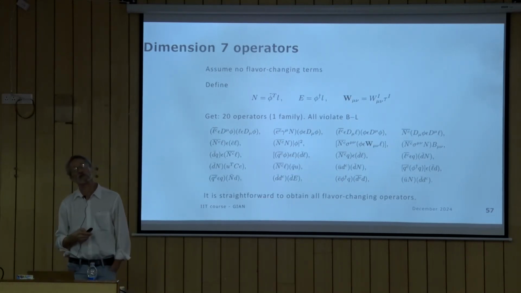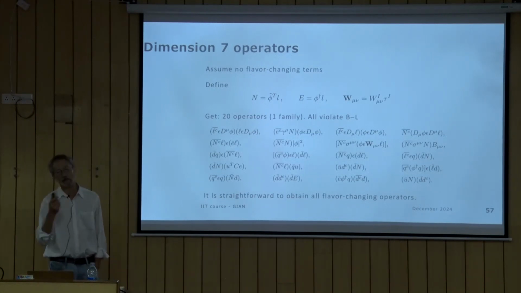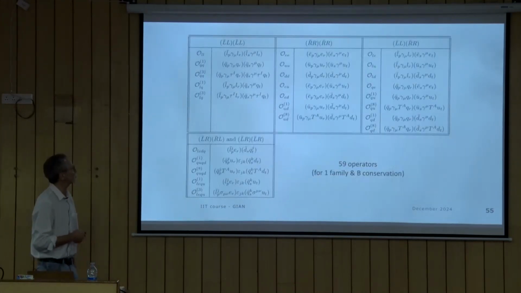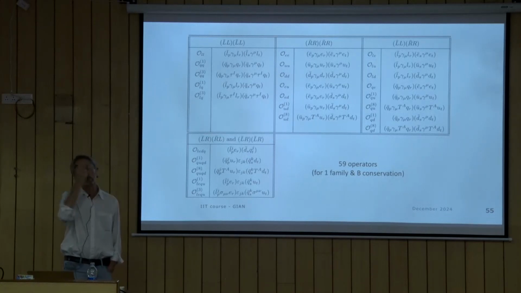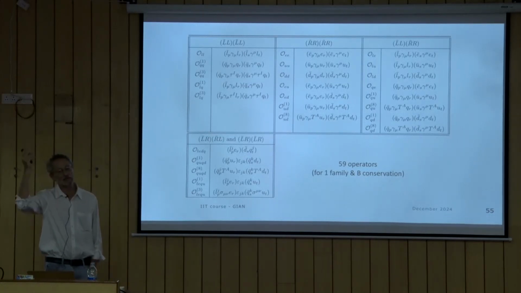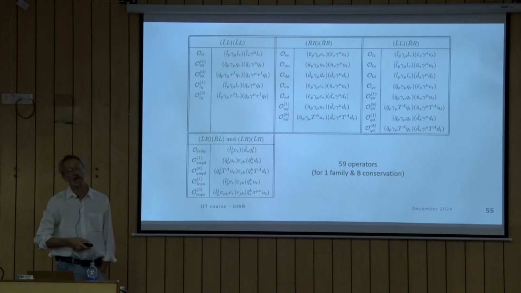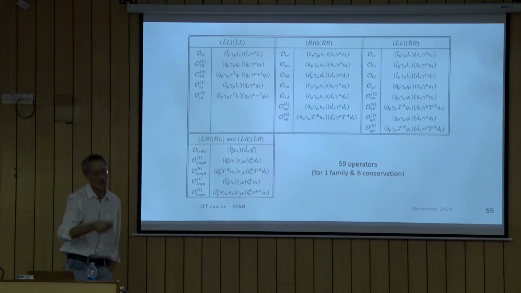Then you can write down dimension 7 operators that don't violate B minus L. That's really trivial. The only thing you have to do is take my previous list, and for each one of these guys, multiply by the scalar. Each of these guys is gauge invariant, and I multiply by a gauge invariant object, S, my scalar. And so I add one dimension, and they all become dimension 7.